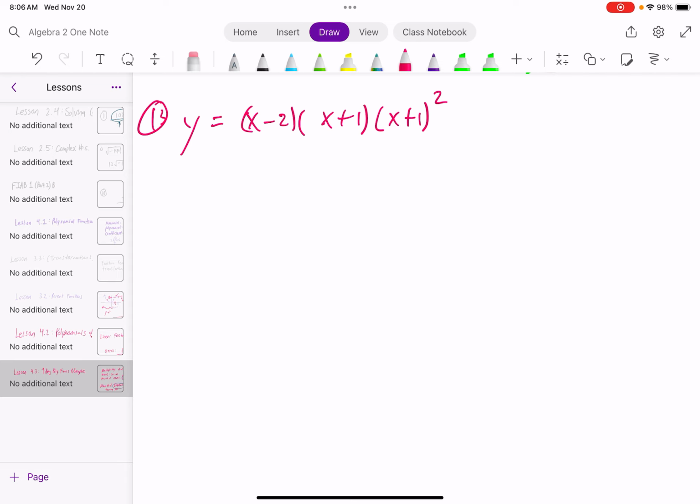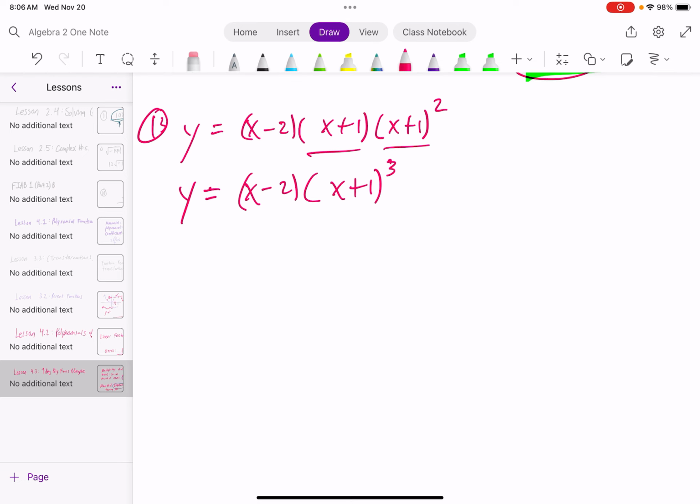Okay, so they just try to trick you here. These are the same here and here. We have 3 of them being multiplied, so there it is, cubed.